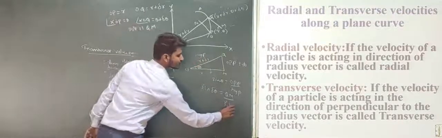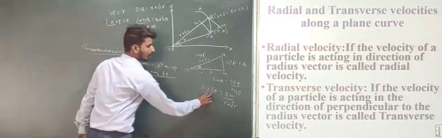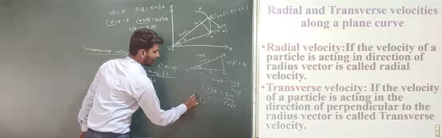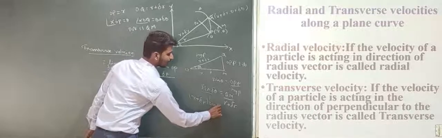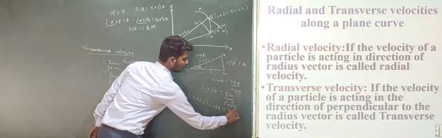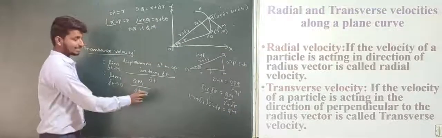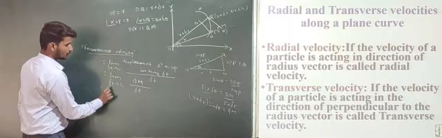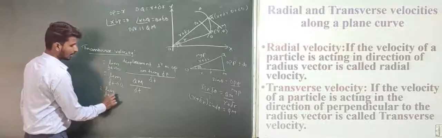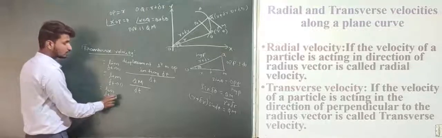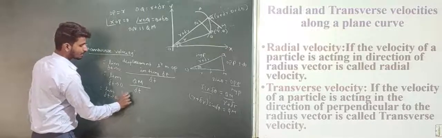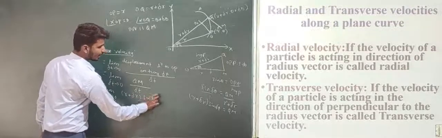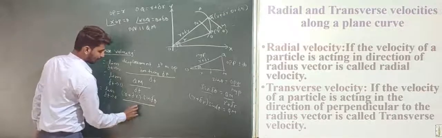OQ means R plus delta R. So R plus delta R into sin delta theta is equal to Qm. Then limit delta t tends to 0 of R plus del R into sin delta theta divided by delta t.